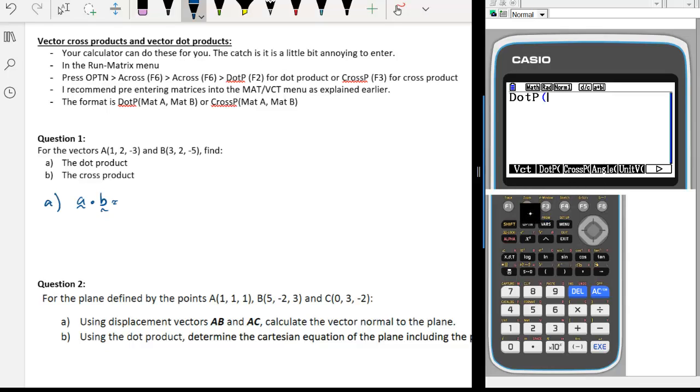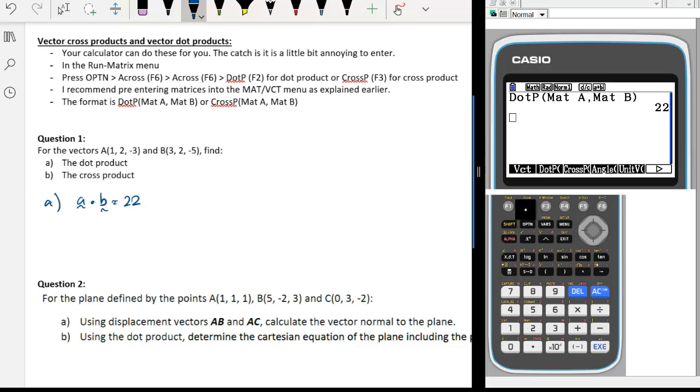So see there it says dot product, and we go matrix A. Now we have to put a comma in between, so comma, and then matrix B. We hit exe, and look, there it is, that dot product should be 22.